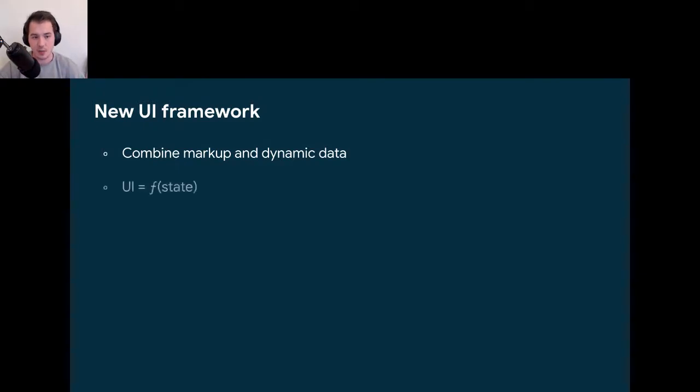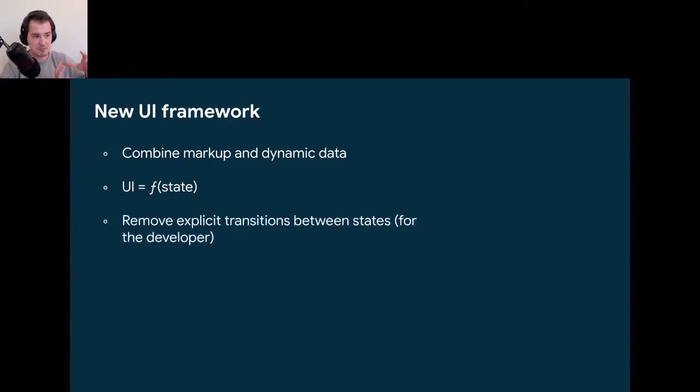Then we'll be able to specify UI as a function not of nothing, but of the state of your application or of your screen. Then we will allow you to build markup that just specifies how your screen will look given the state that your application is currently in.